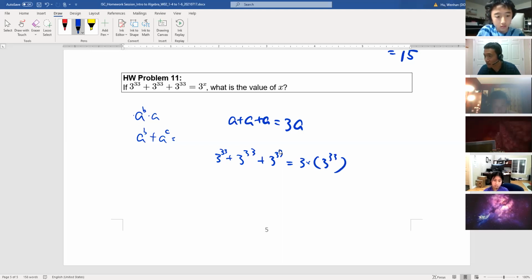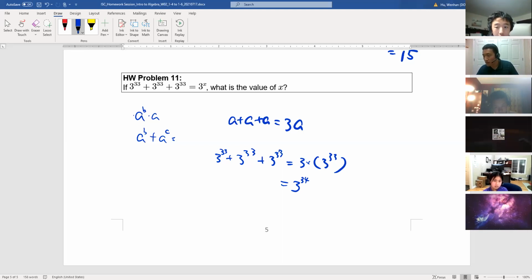Just convert addition to multiplication. And then you see this is 3, and this is 3 to the 33rd power, and you multiply them together, it will be 3 to the 34th power. So our answer will be x needs to be 34. And that concludes all of the questions of the problem here. Any questions?